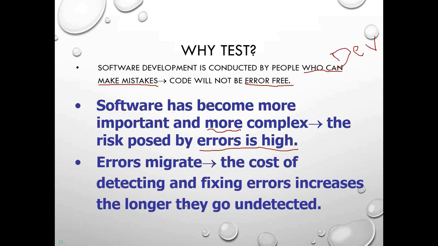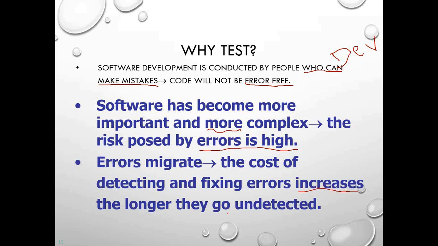Same thing, different way. The later we identify the error, the higher the cost would be. So the cost of detecting and fixing error increases the longer they go undetected.